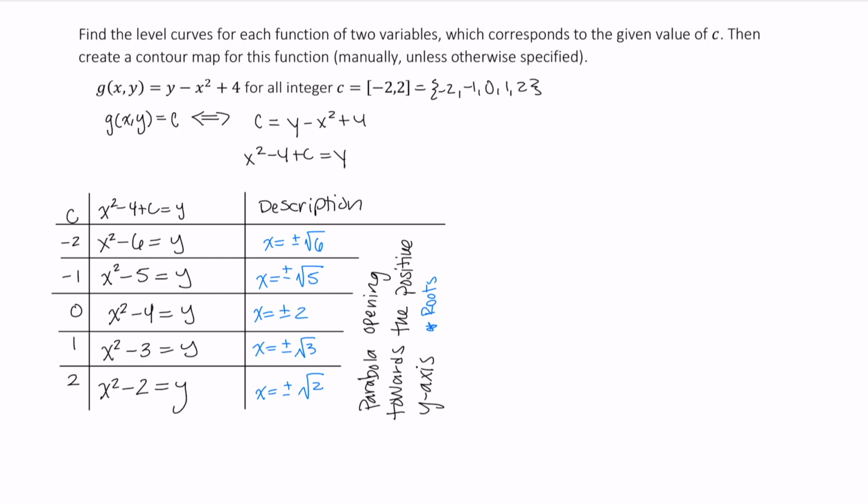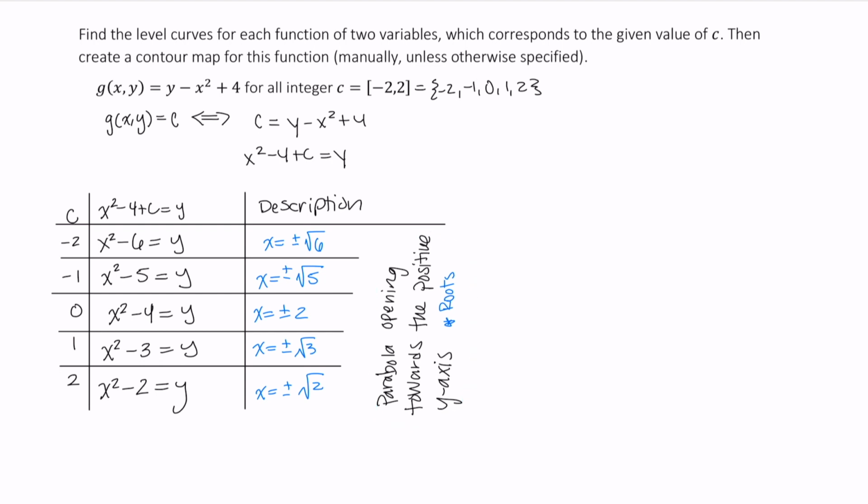Now, in order to help us with graphing, I will write down the approximations for all of these. So this one is about plus or minus 2.45. This one is about plus or minus 2.24. This is approximately plus or minus 1.73.